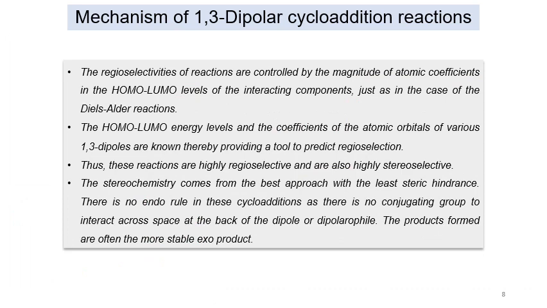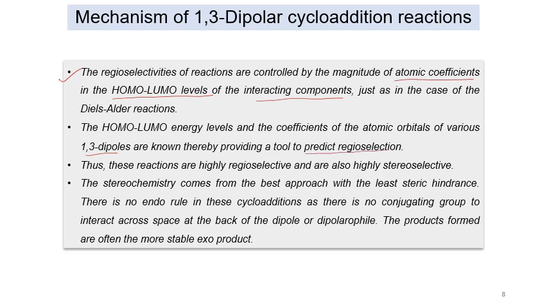As I had mentioned, the regioselectivities of these reactions are controlled by the magnitude of atomic coefficients in the HOMO-LUMO levels of the interacting components, as we had seen in the Diels-Alder reactions. The HOMO-LUMO energy gaps and their coefficients of the atomic orbitals for various 1,3-dipoles are already known. Thereby, we know how to predict the regioselectivity in such reactions.